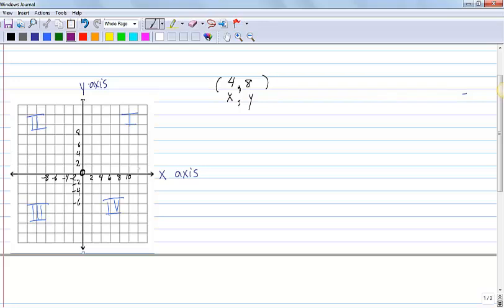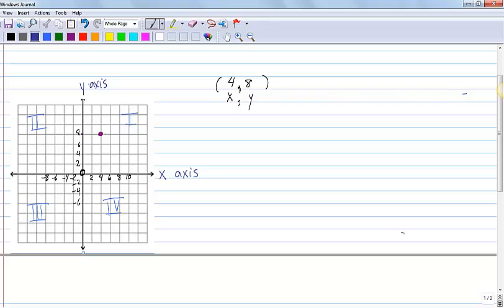And if we go back to our graph, we go over to the 4 for x, so 1, 2, there's my x value down here, sorry about that, and then our y coordinate is at 8, where those two lines meet, that's the point 4 and 8.